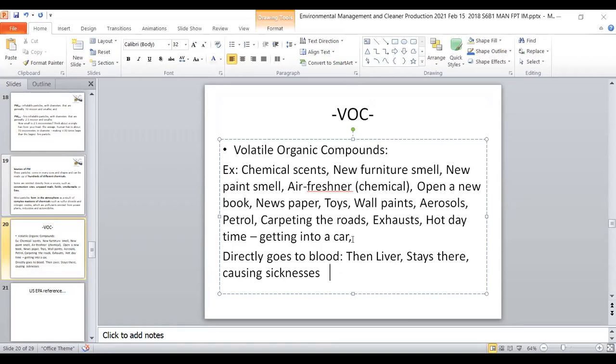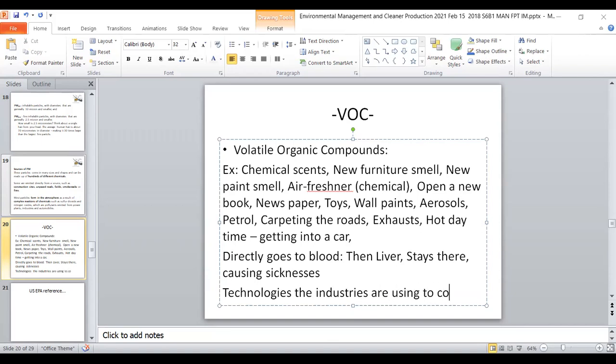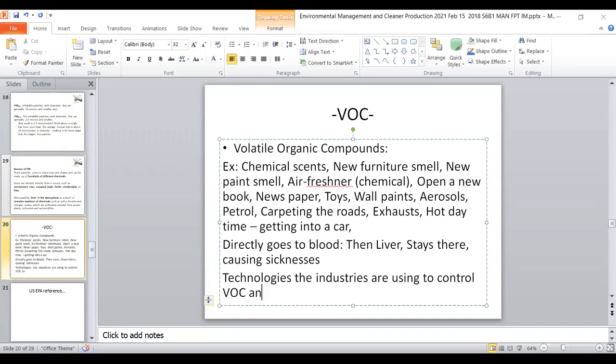So later we will see what technologies the industries are using to control VOC and PM.